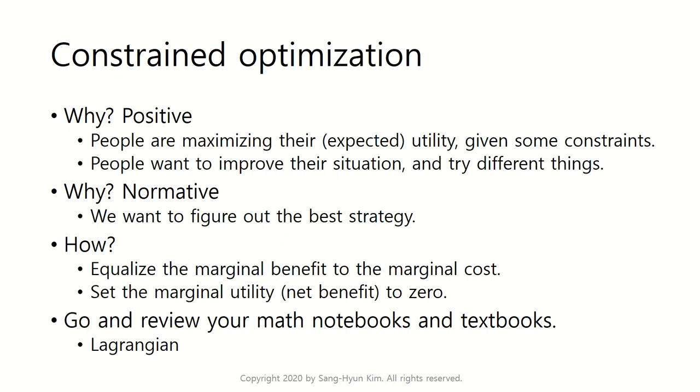So that's not what you want. You want the temperature to be optimal, in which case your marginal utility will be 0. The marginal utility of increasing temperature will be 0. So you keep increasing temperature until the marginal utility of increasing temperature is 0. So that's basically the idea.